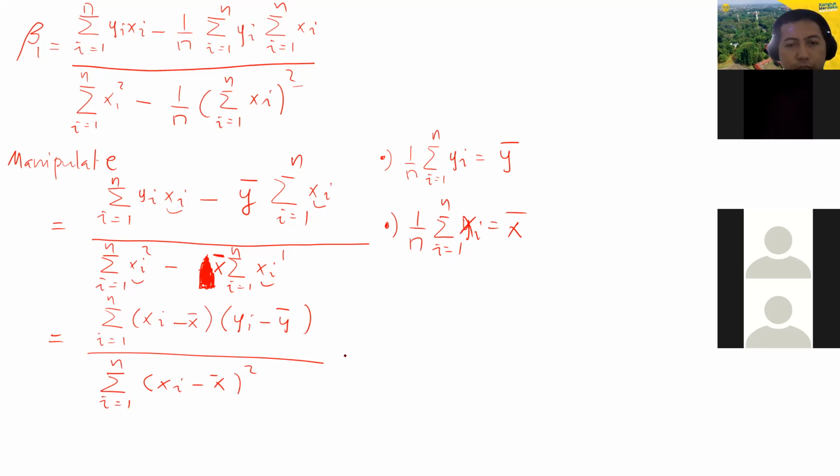Okay. And you realize that we can write being like this: sigma i equal to 1 to n of c_i y_i, where c_i is equal to x_i minus x bar per sigma i equal to 1 to n.